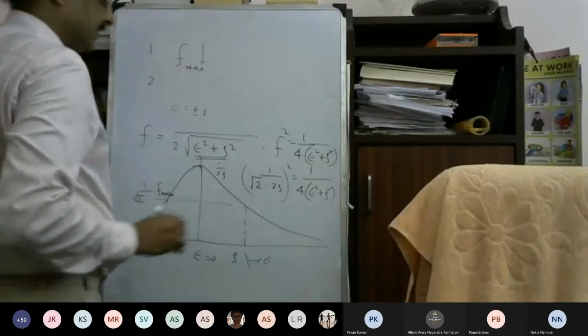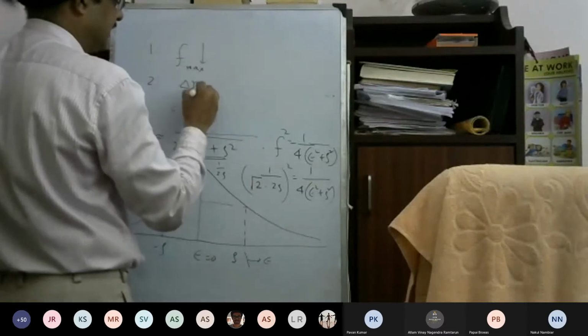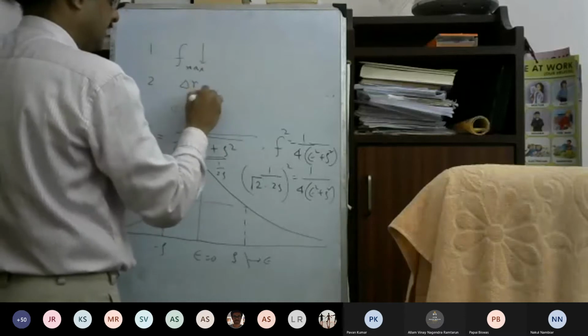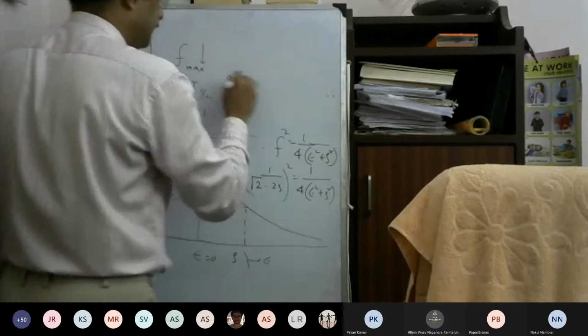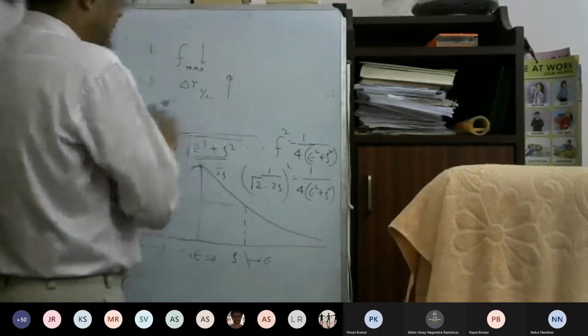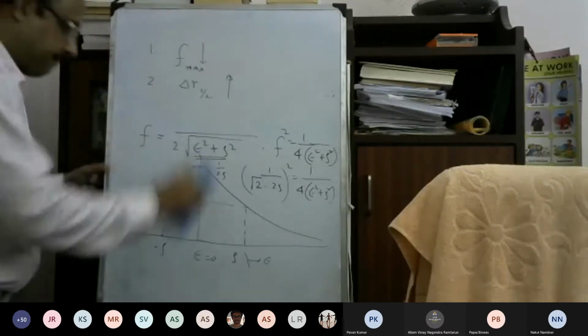Second is that the half power bandwidth, let us say delta R half, this actually goes up. And of course, this is what we have seen with this simplified analysis.